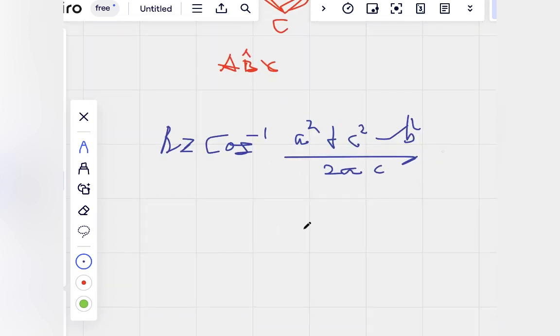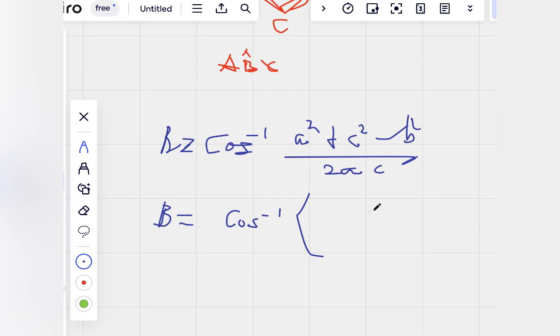So B is equal to cos inverse, and you put your big bracket.